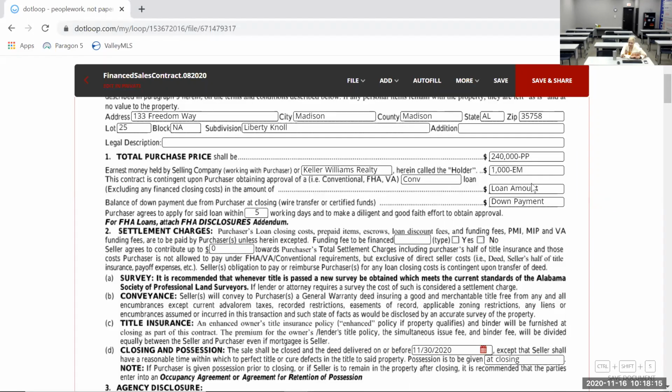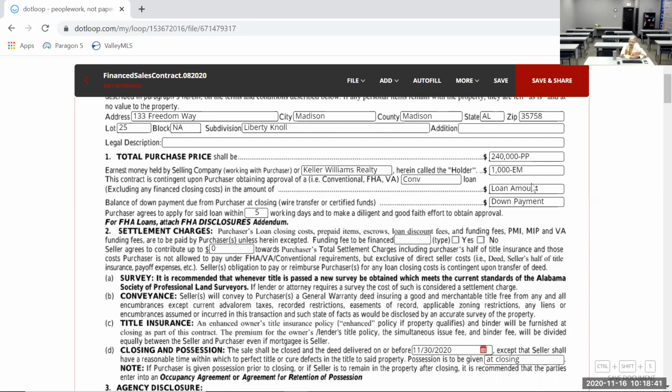Does everybody understand? Earnest money is refundable until there's a dispute. And if there's a dispute, I've seen it go both ways. I just had a buyer lose $5,000 in earnest money to get out of a contract about a month ago.